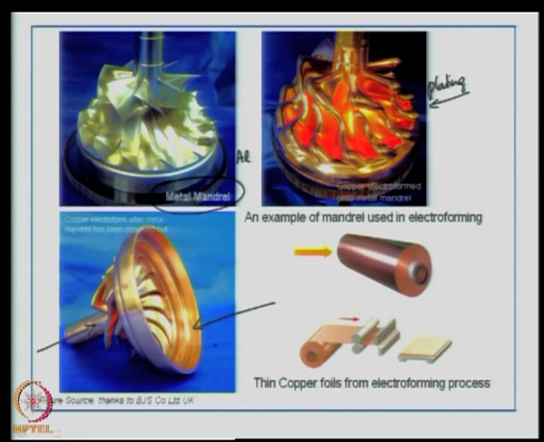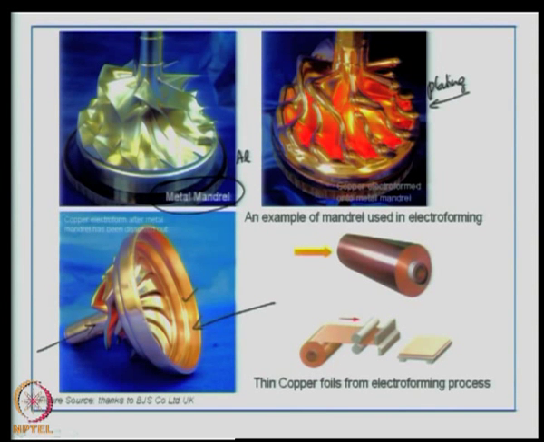Okay. So, you will be spending a lot of time on creating the mandrel, but if you look at the post-mandrel fabrication, you can see that the intricate, small detailing on the part has been nicely reproduced during the electroforming process.